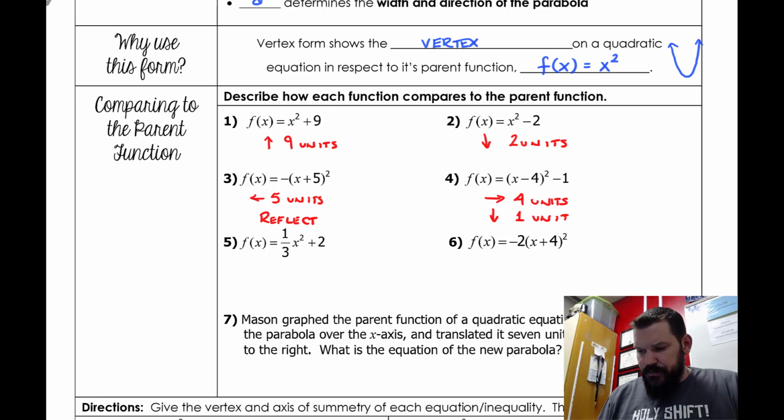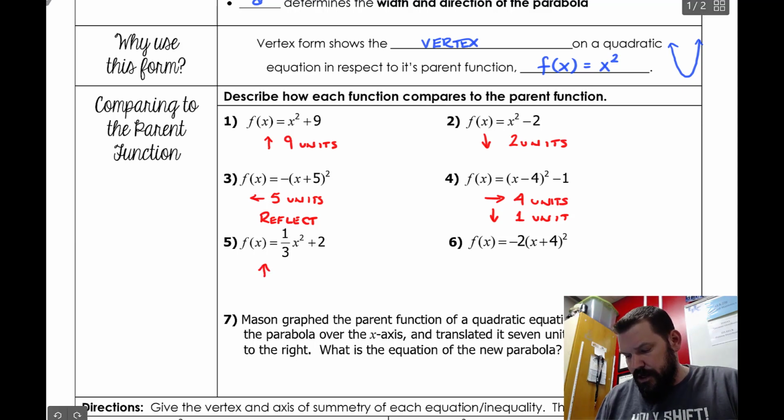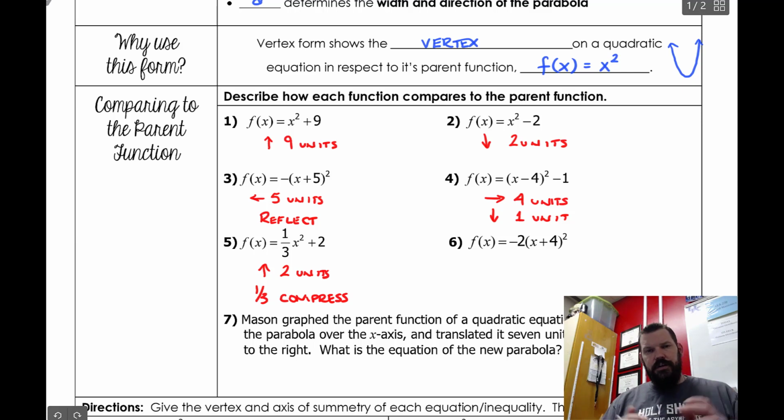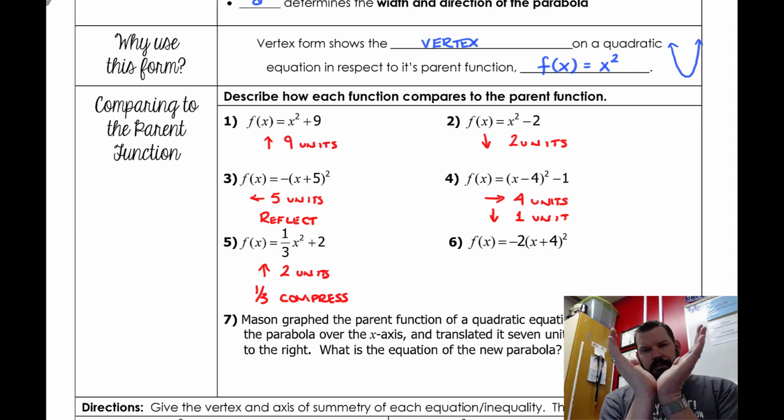For number 5, we have 1/3 x squared plus 2. So the plus 2 shifts it up 2 units. The 1/3 compresses it by a factor of 1/3. So remember, the graph looks like this, and if we compress it, it flattens it out.